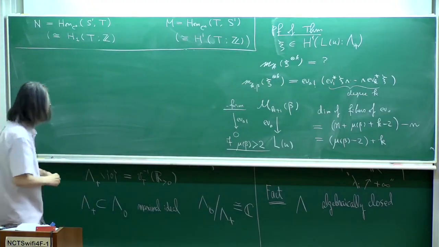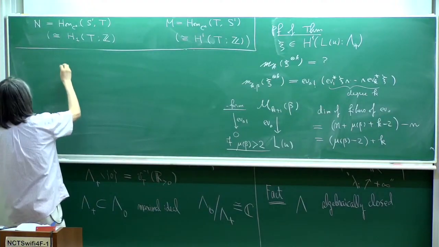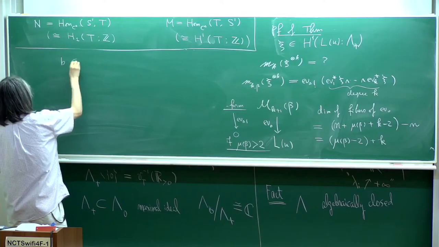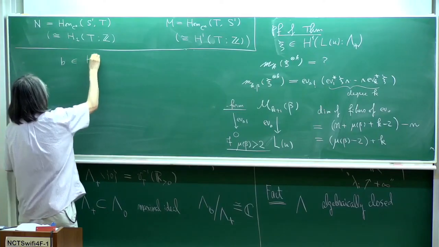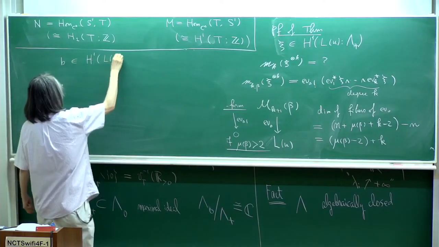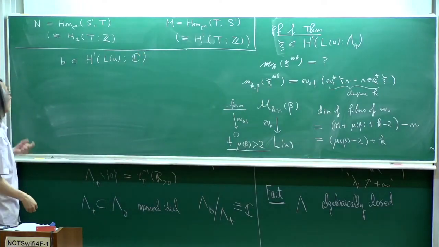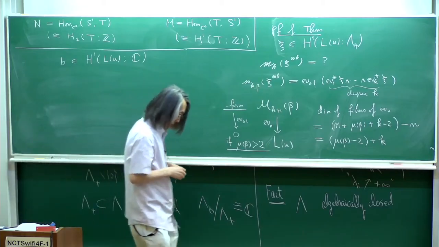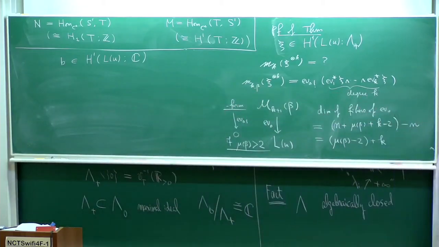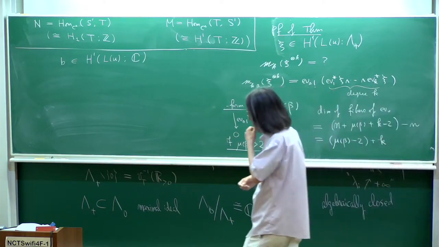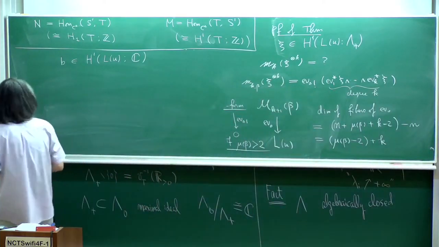And then, how about this constant part, right? So if b is in H1 of this LU with C, you can think of it as just a T invariant one form, and then you can think of it as a flat connection.